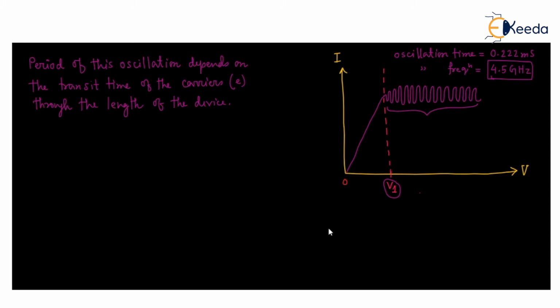So from this we can see that the period of oscillation depends on the transit time of the carriers through the length of the device.